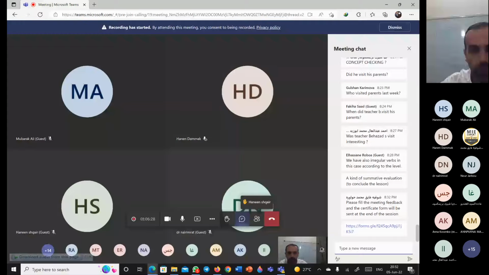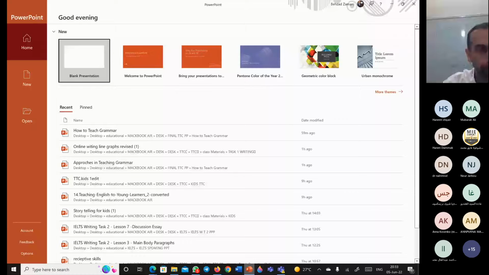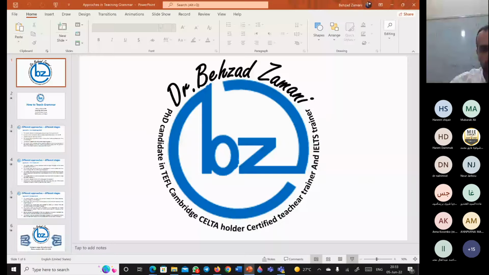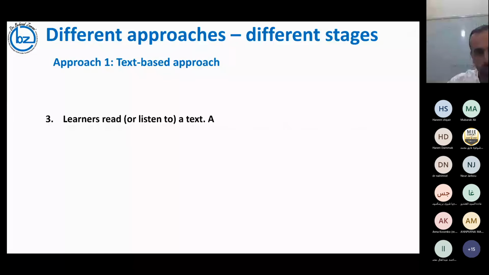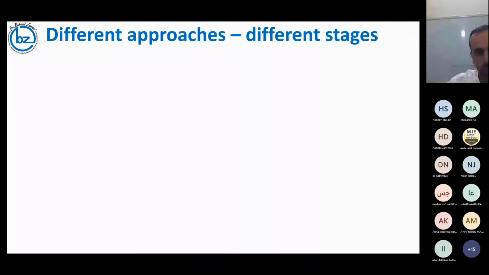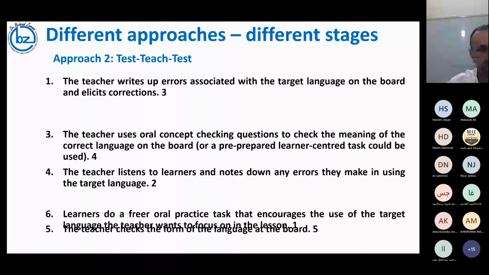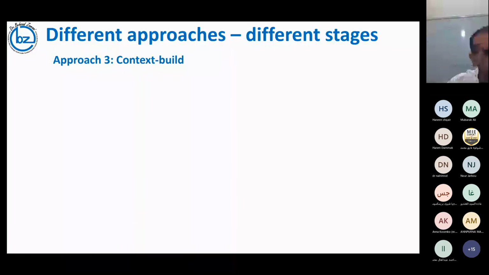Okay, it's the matter of approaches in teaching grammar that I want to go through, 3 approaches and maybe 4. One of them is the text-based approach, another one is TTT or test, teach, test, and another one is context-built, which I've discussed a little bit.